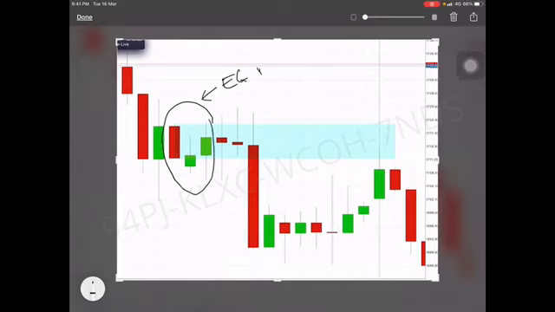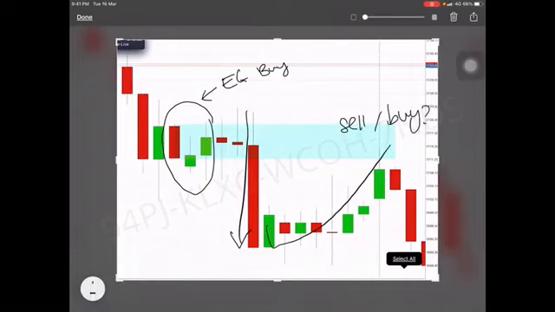And then the price broke downward. It broke the zone. So now what are we going to look for once the price comes here? Sell. Yes, so when the price comes here, we're going to look for sell. Okay, so we sell here.